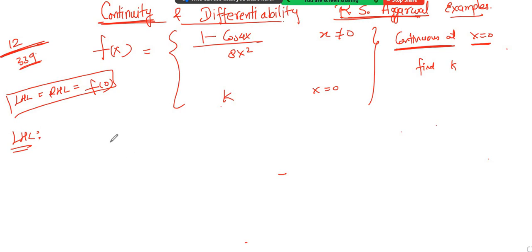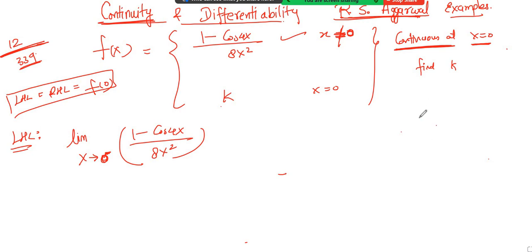Let's find out LHL. So it will be limit x tending to 0 minus, LHL means 0 minus f(x). Which f(x) will we take when it is not equal to 0? 0 minus means it is not equal to 0, very close to 0. So we will take this (1 minus cos 4x) by 8x square.